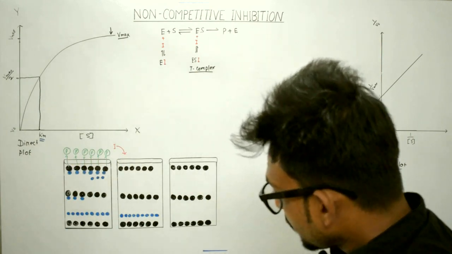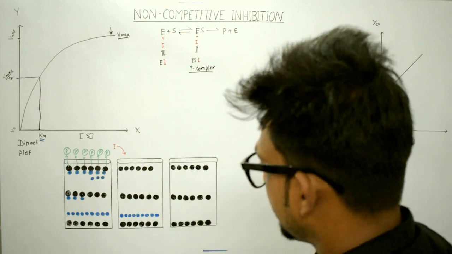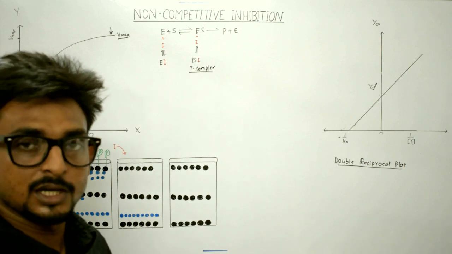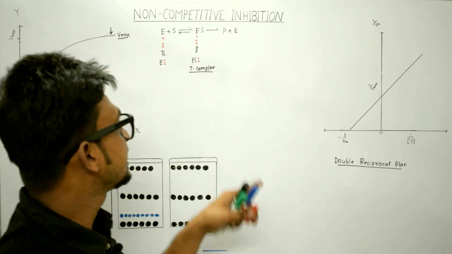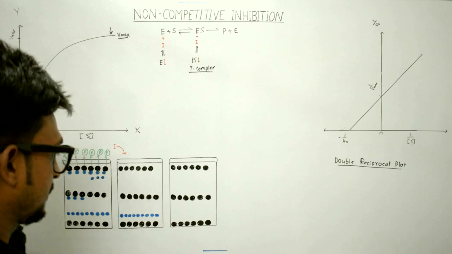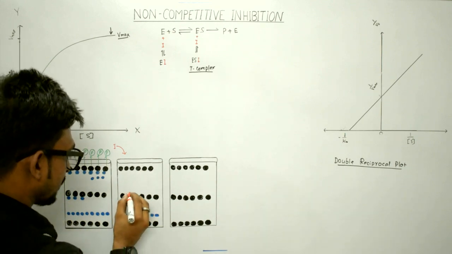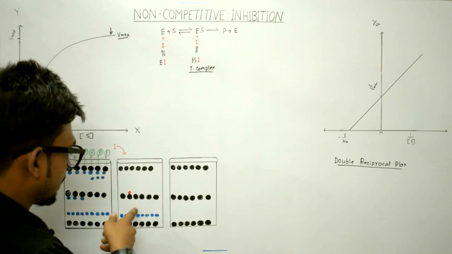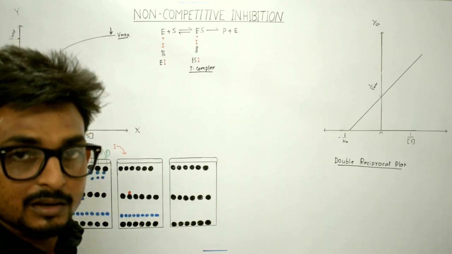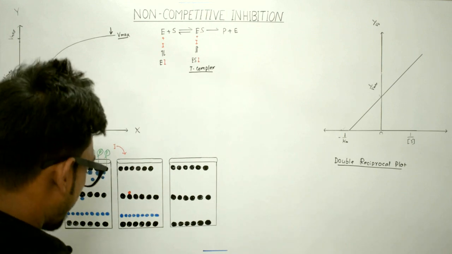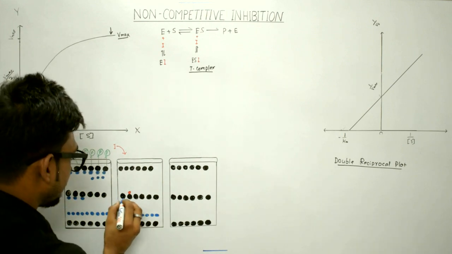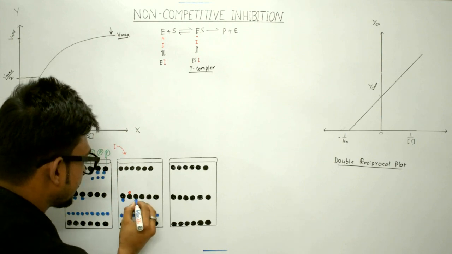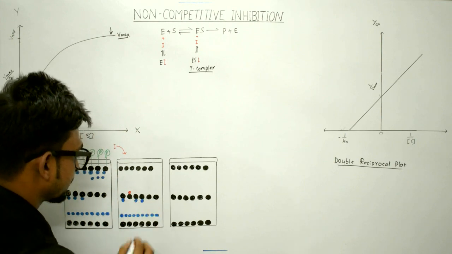Now suppose we add inhibitor. As I told, inhibitor can bind to the enzyme, as well as to the enzyme substrate complex. So let's say this particular enzyme is bound with inhibitor, so no substrate can bind with this enzyme, and this one is having the substrate, this one is having the substrate, and this one is having the substrate.